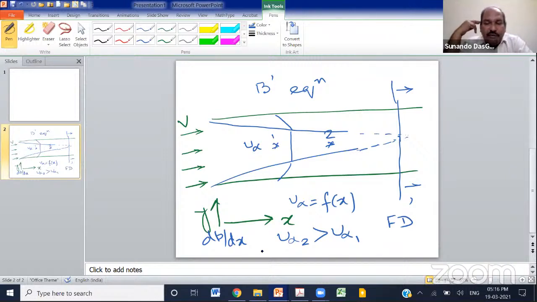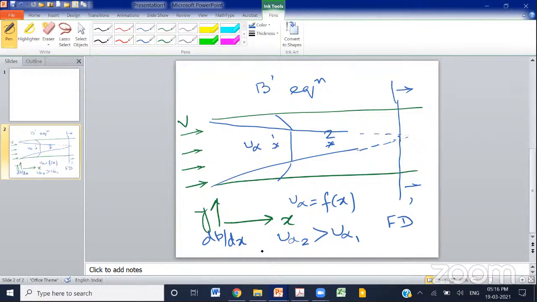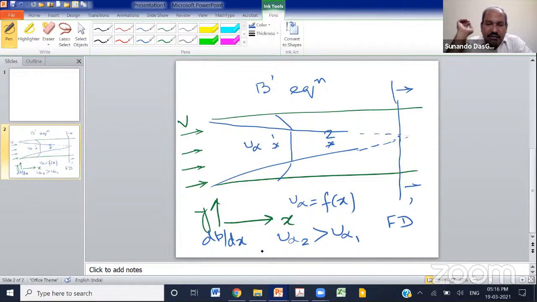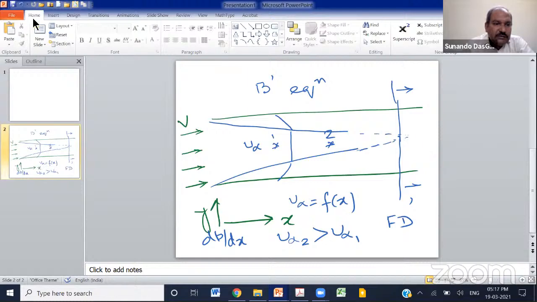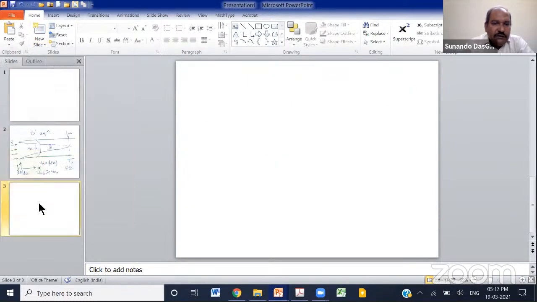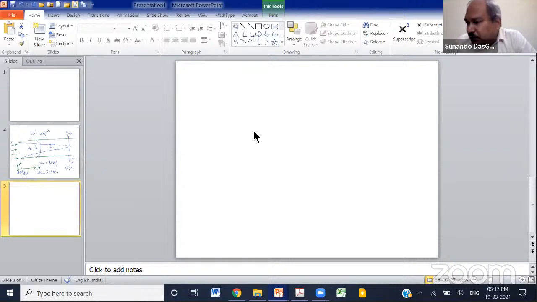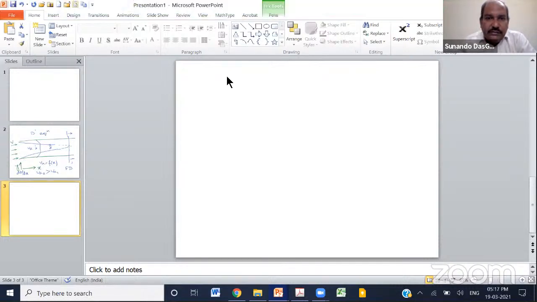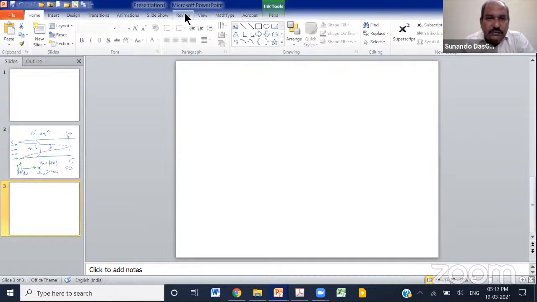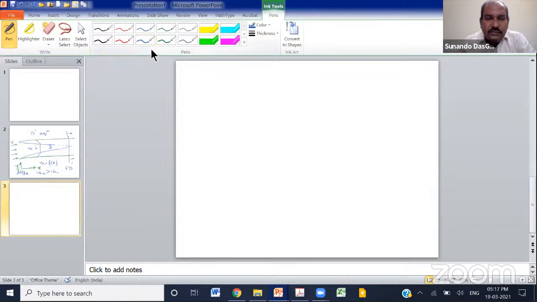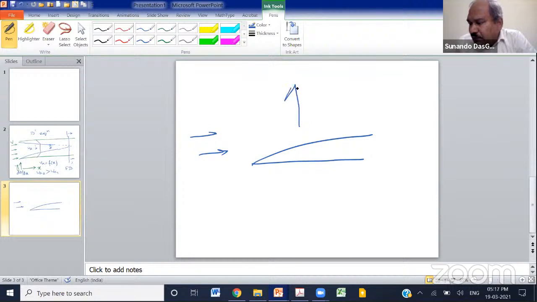Okay, all right. First of all, when we talk about the flow over a flat plate, the flow is unbounded on one side, that is, in the y direction it goes all the way up to infinity.